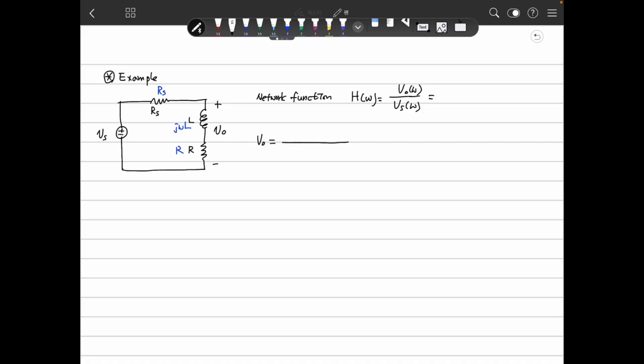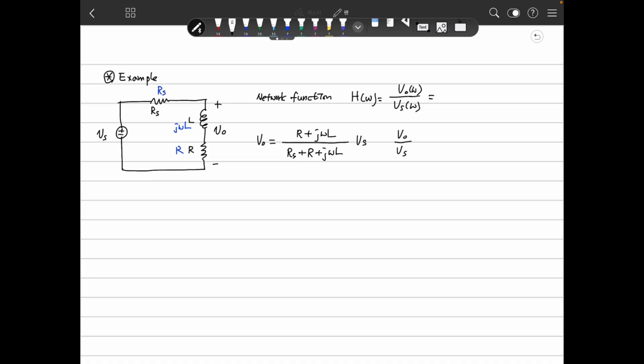Therefore, Vo is R plus j omega L over Rs plus R plus j omega L, times Vs. Therefore, H, the transfer function, the network function, is the ratio between the output and input.